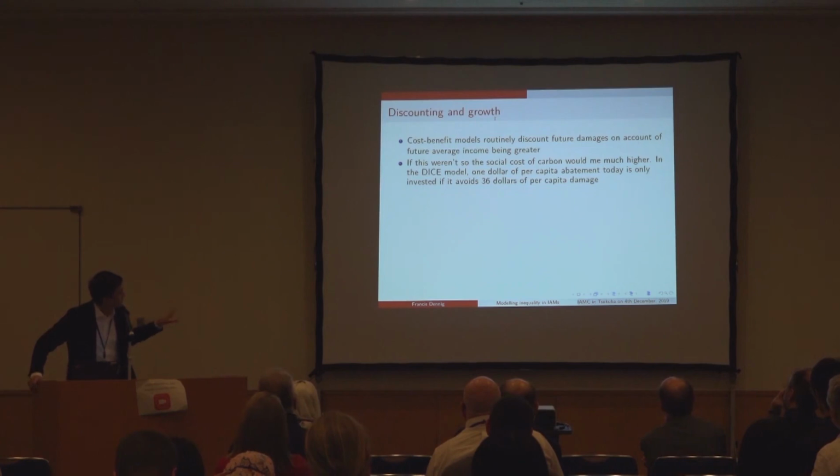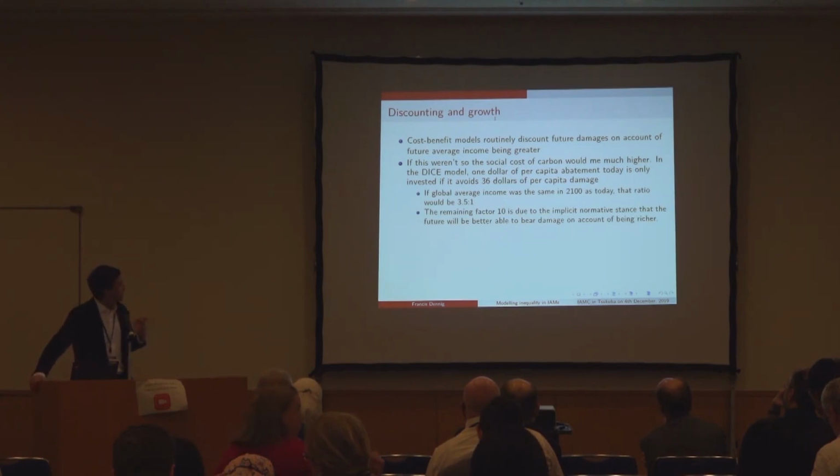In the DICE model in particular, in the latest iteration of it, $1 per capita of abatement today is only invested if it avoids $36 of per capita damage in 2100. So that's a factor of 1 to 36. That's a big discount rate, right? That discount rate is split according to something called the Ramsey equation, but if the global average income in 2100 were the same as today, then that discount factor would only be 3.5 to 1.